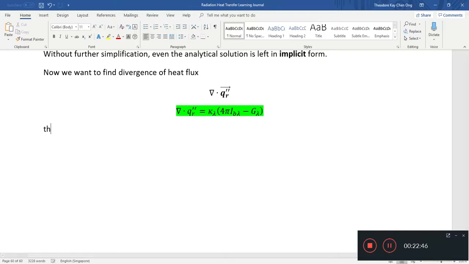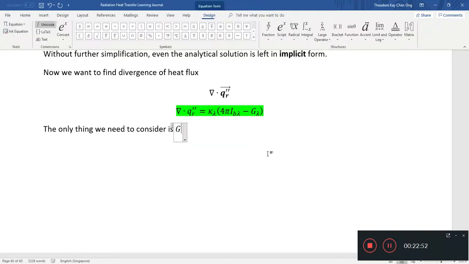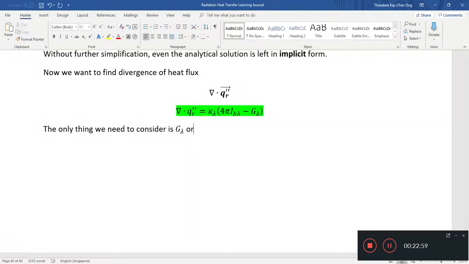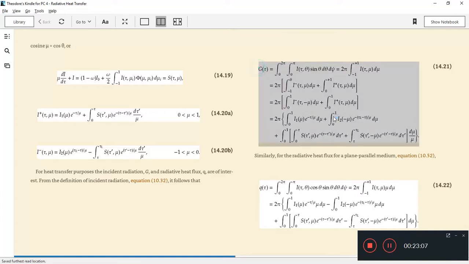The only thing we need to consider is G lambda, or rather just G, the spectrum integrated form. And what is G? It is basically all that you see here, and we can discuss how to derive this in the next video.